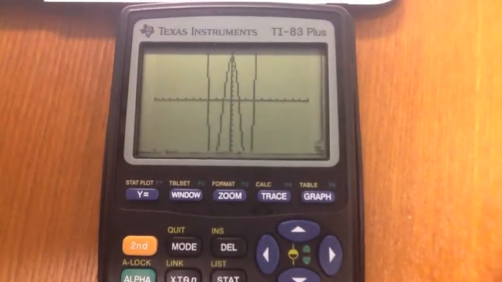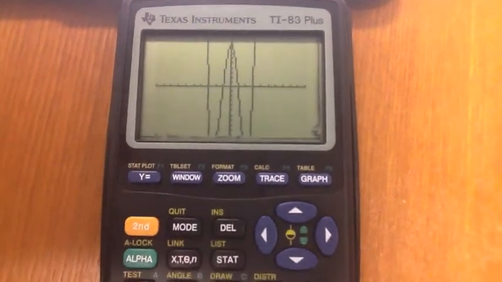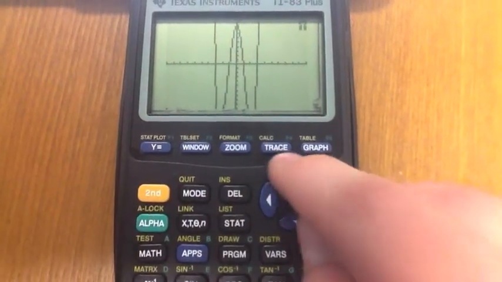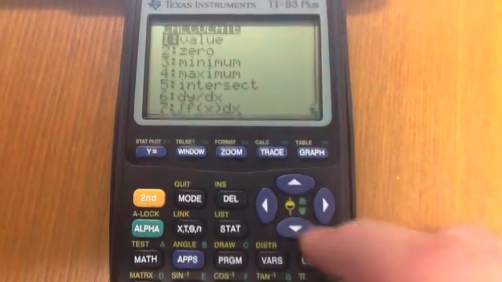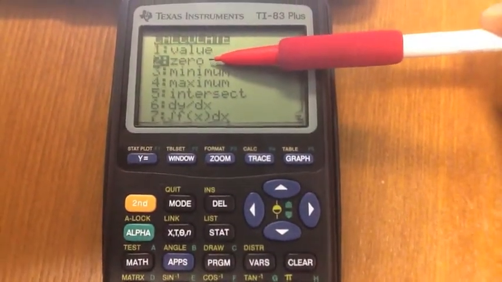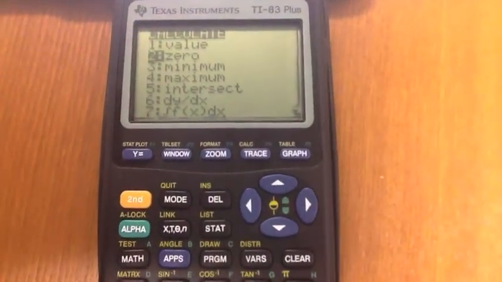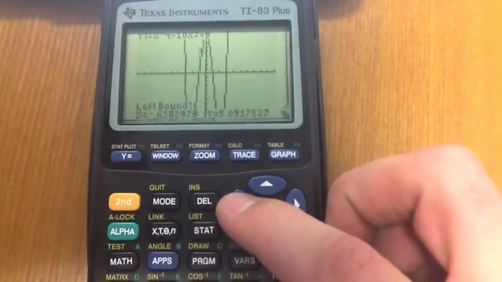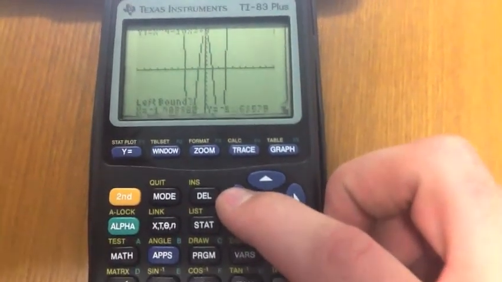So we can calculate the zeros just like we can calculate a max or a min. Push second, trace, which is the calculate button, and you'll notice that your second choice here is a 0. So we want to calculate a 0, so hit enter. And you have to find your little spider. Here he comes down, and we're going to start with the first one.